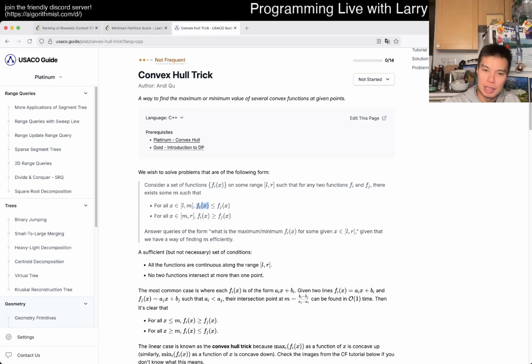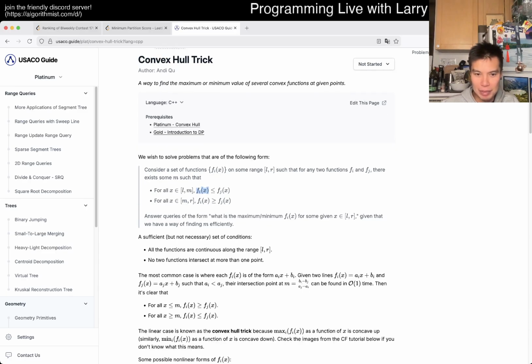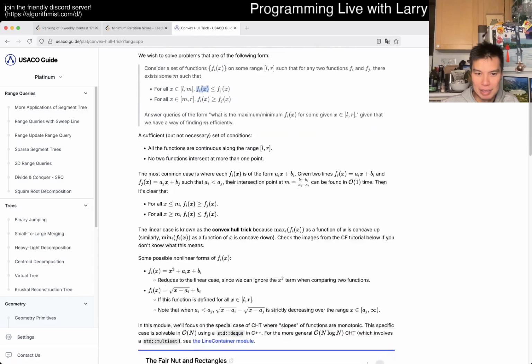So for a given j, we're trying to find i's in that I to m. Wait, how do we find m? Where is the m? I'm confused.